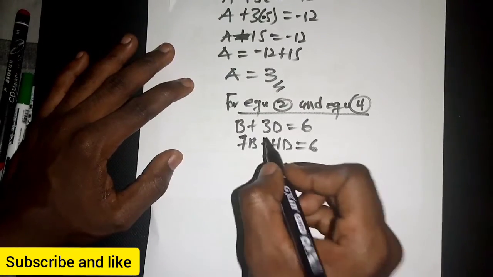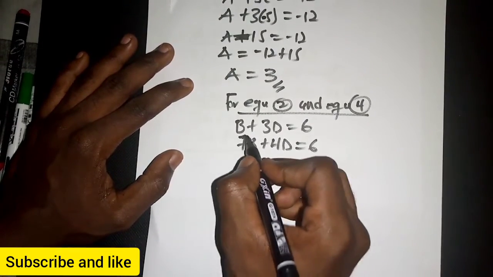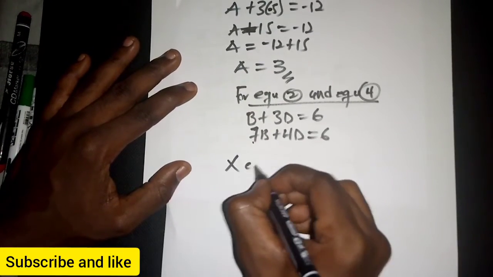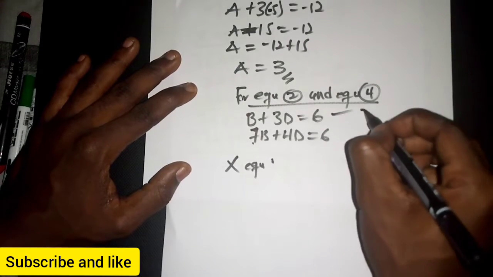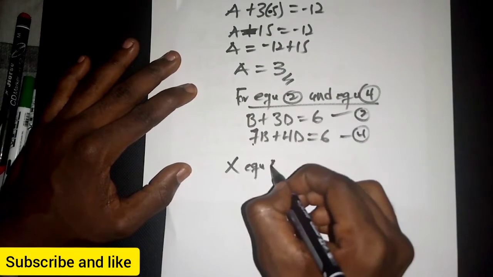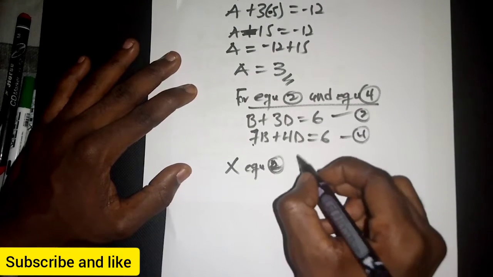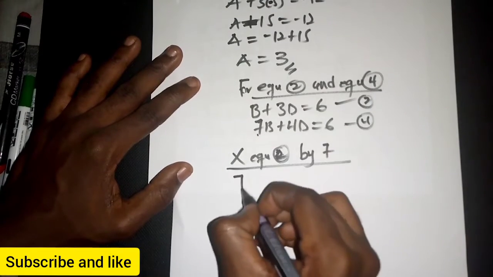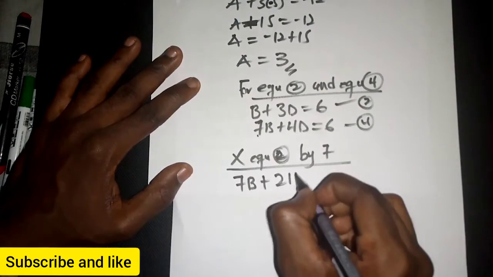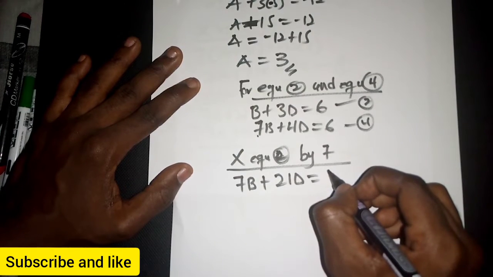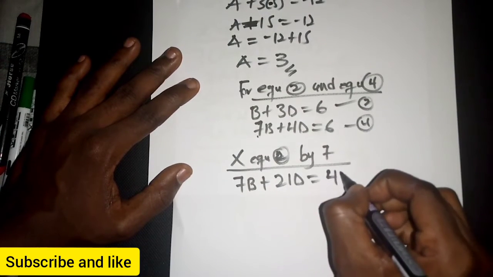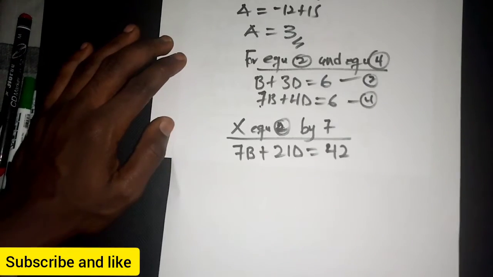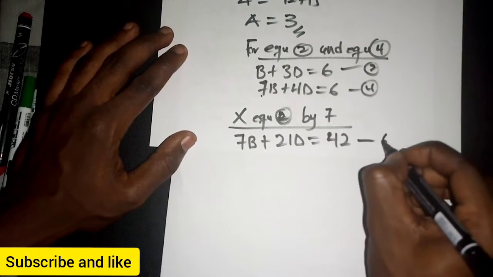Then also we want to use the elimination method over here, so we multiply equation 2 by 7, the whole of equation 2 by 7. We have 7b plus 21d being equal to 42. Alright, so let's call this equation 6.